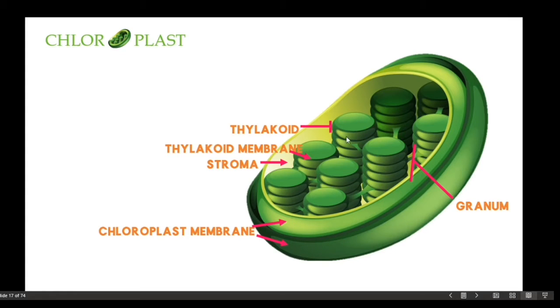It also contains thylakoids, which are these, in which thylakoids are stacked together to form one granum, plural form grana. And then there is also a space that is filled with fluid, which is called the stroma. One granum has its own membrane, just like this, the components of a plasma membrane.